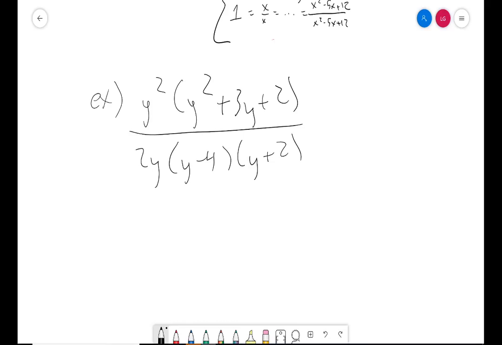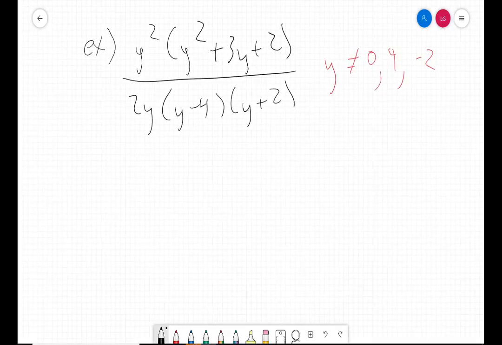Let's note immediately that y cannot be, we'll do it in red to make it stand out, y cannot be 0, y cannot be 4, and y cannot be negative 2. Why is that? If it took on any of those values, the function would attempt to divide by 0, and therefore give us no output.